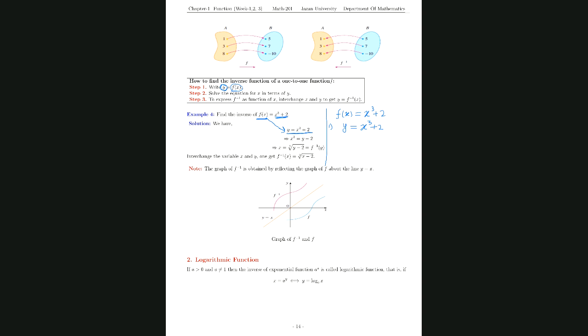you can't see. Okay, let me take another paper. There is a problem here. See the whiteboard. Here no problem.